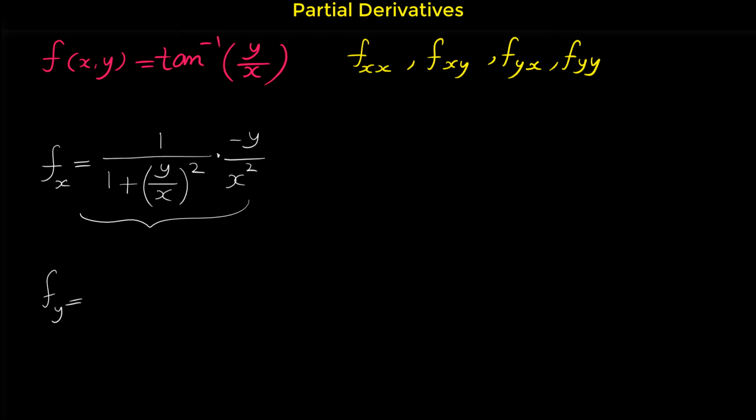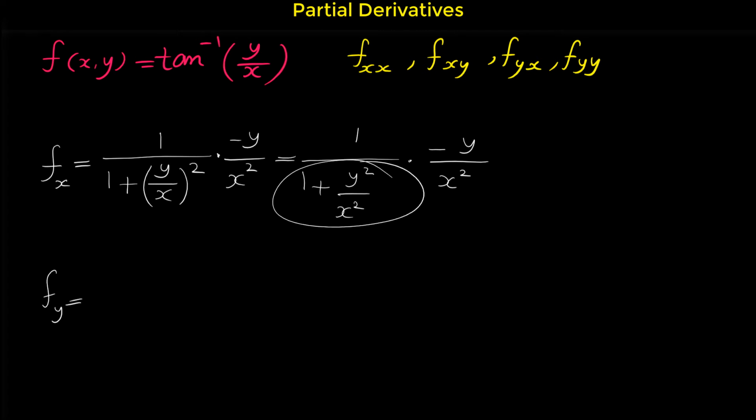Now let's simplify f sub x, because it's better to simplify this and then it helps us to find these second partial derivatives easier. Note that y over x squared is actually y squared over x squared. So here we have 1 over 1 plus y squared over x squared times negative y over x squared.